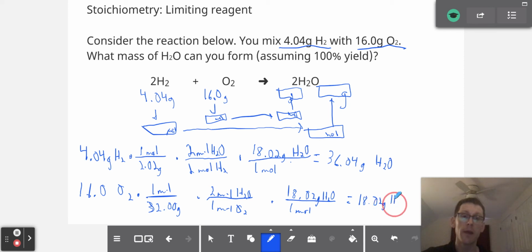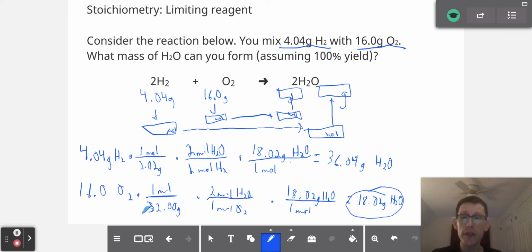Now, what is the answer to this problem? It's going to be the smaller amount, because what we found is that we have enough hydrogen to form 36 grams of water if there's sufficient oxygen to react with it. However, we have only enough oxygen to form 18 grams of water, assuming there is enough hydrogen to react with it. Bottom line is, whatever the smaller number is that you get, that's the actual amount that is formed.